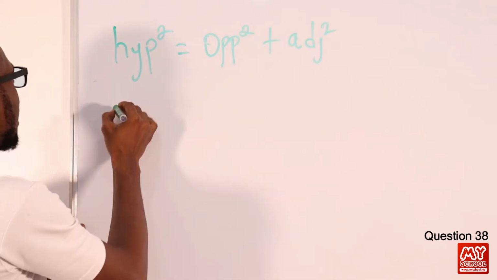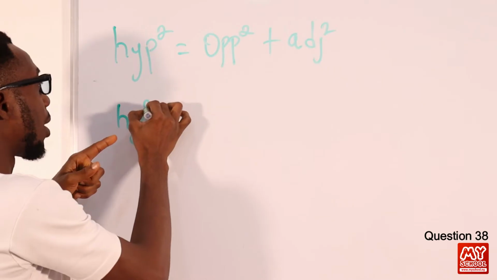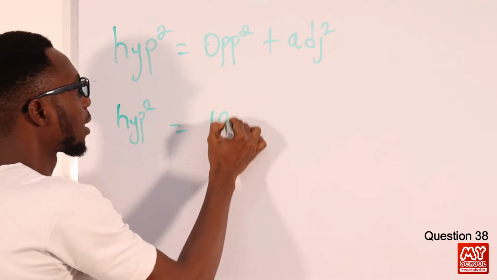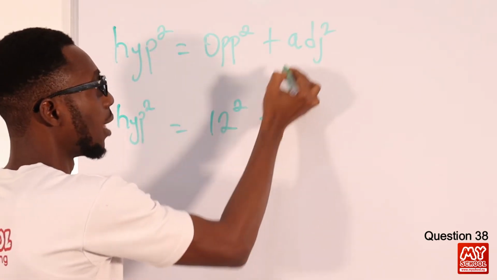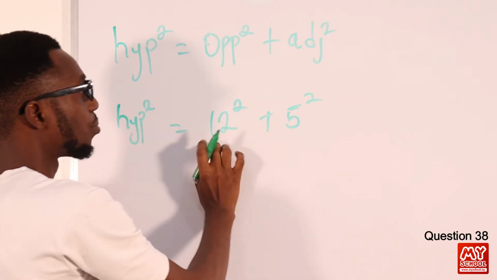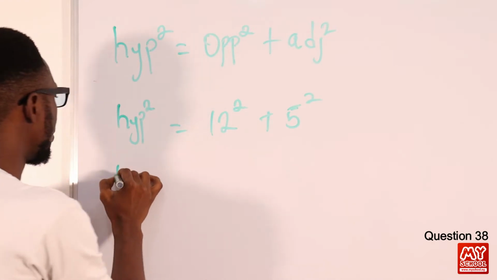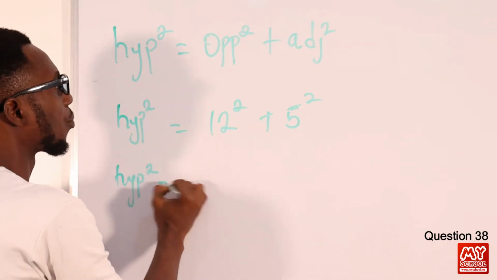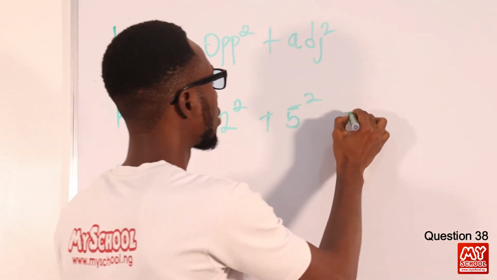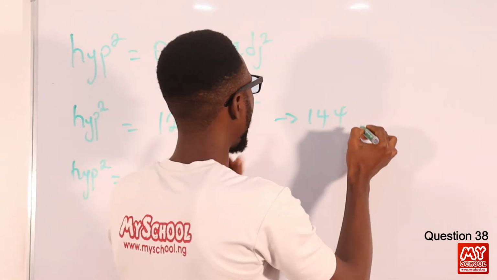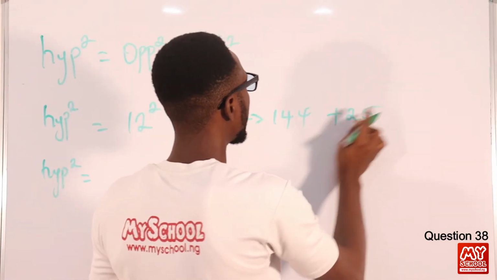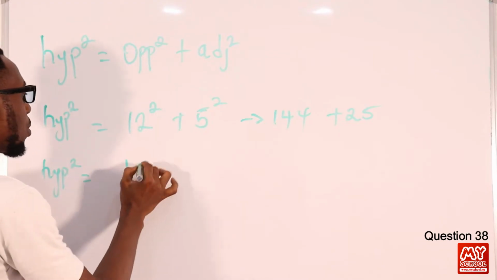So we have hypotenuse square, which is the resultant that we are looking for, equals opposite. Let's take it as 12 square, then the adjacent 5 square. You can decide to bring this, whichever one works, okay? So I should have hypotenuse square equals, 12 square is actually 144, 5 square, that's 25. So 144 plus 25, that is actually 169.